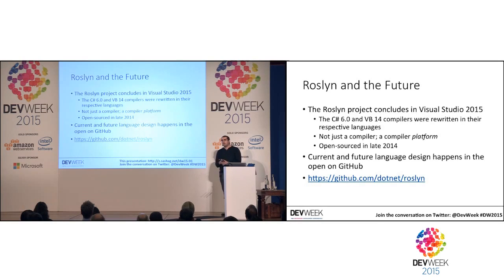Furthermore, Roslyn is not just the compilers. It's also a platform for building code analyzers, refactoring tools, and code fixes within the Visual Studio editor, and for extending the editor itself. So there's a bunch more things you can do with Roslyn. But what I wanted to tell you is that the new features in C# 6 are so small and incremental, I think, partly because Roslyn was such a huge project and they wanted to get it out of the door.